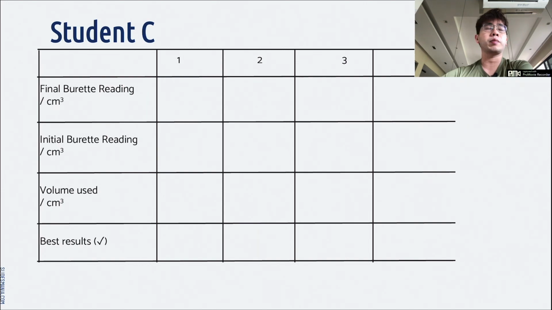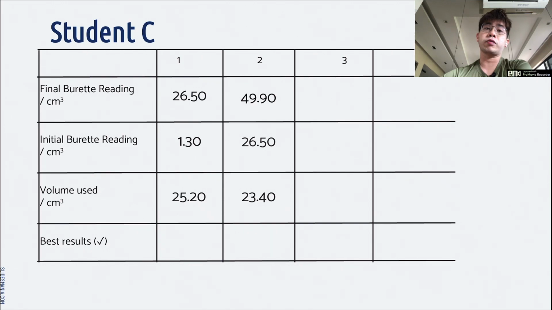Student C, I believe, is closer to all of you, especially during the first few practices. Student C's rough volume is 25.20, and when student C did his first accurate titration, he got 23.40, which is very far away from the rough titration.